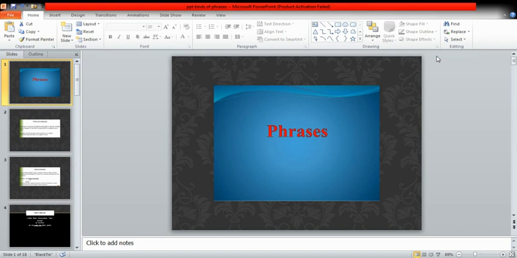So a clause is a sentence within a sentence. But a phrase is just a group of words which does not have any subject or verb, so it cannot convey its complete meaning. Today we are going to have three kinds of phrases: noun phrase, adjective phrase, and adverb phrase.